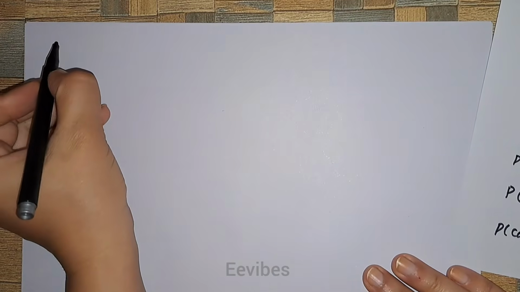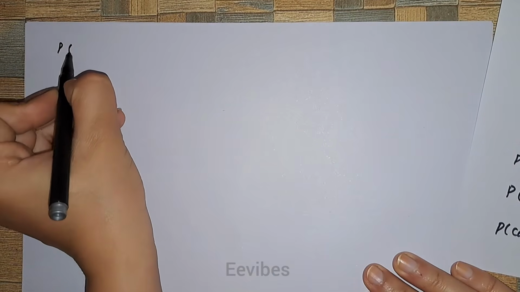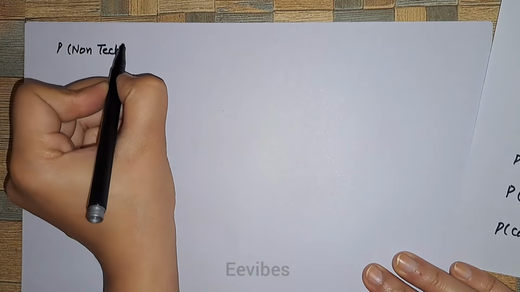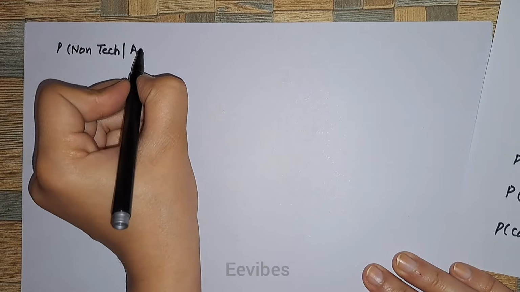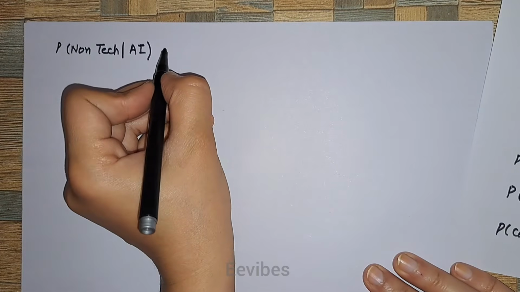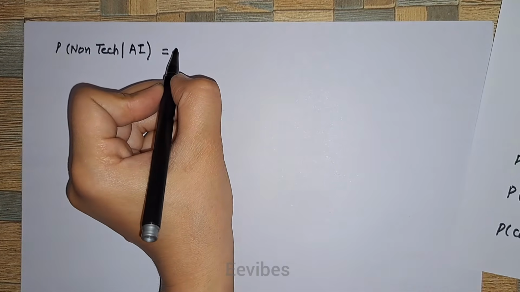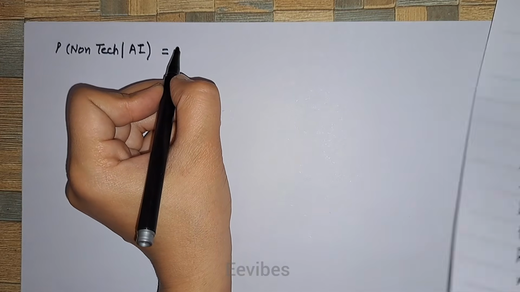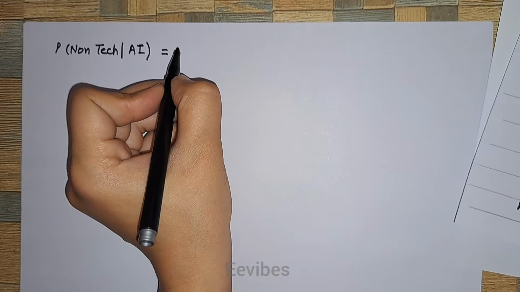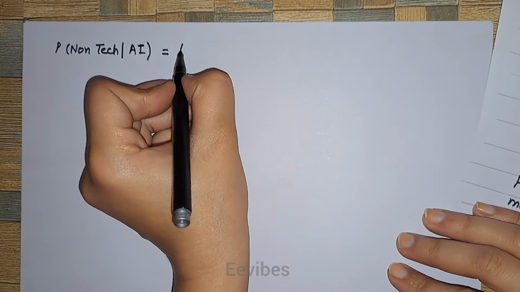So let's just do it quickly. So the probability of being non-tech class given that it's the word "AI" is equal to, since the count of "AI" in the non-tech class is equal to 0, we will apply the Laplace smoothing.